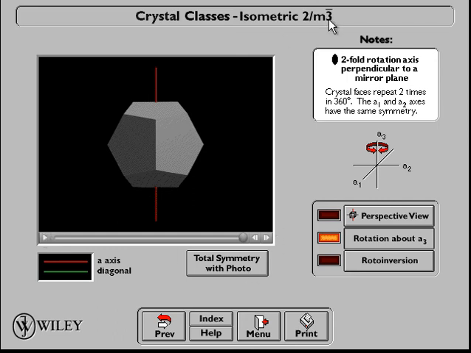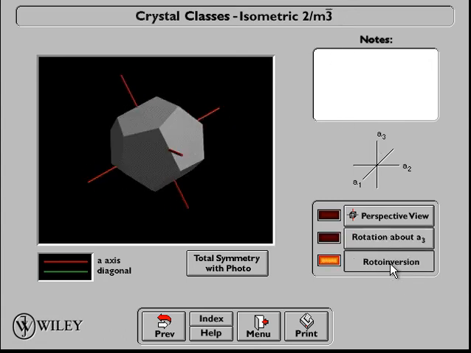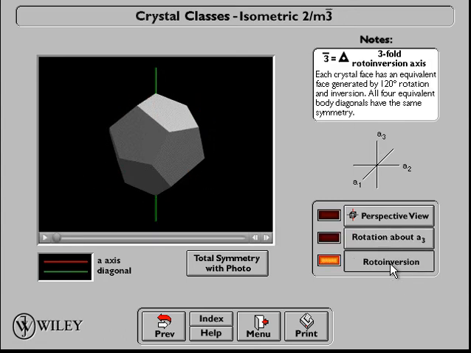Now we have the 3̄, the threefold roto-inversion axis, with the symbol of the triangle with the dot. Each crystal face has an equivalent face generated by 120 degree rotation and inversion. All 4 equivalent body diagonals have the same symmetry.